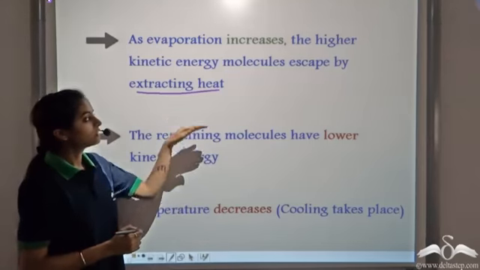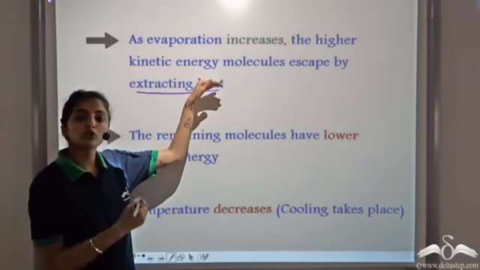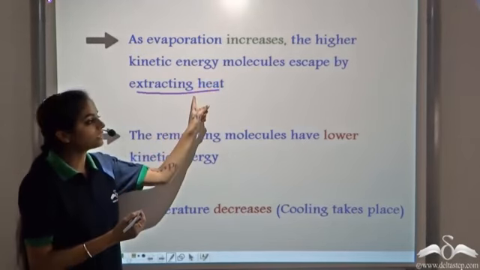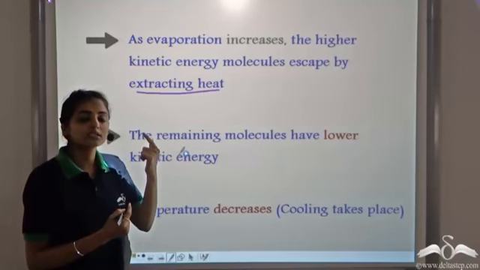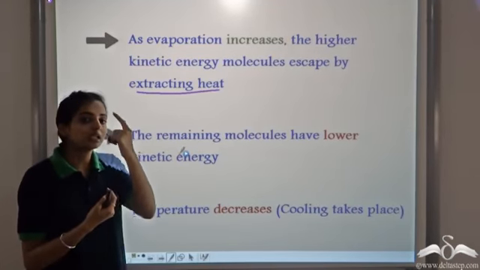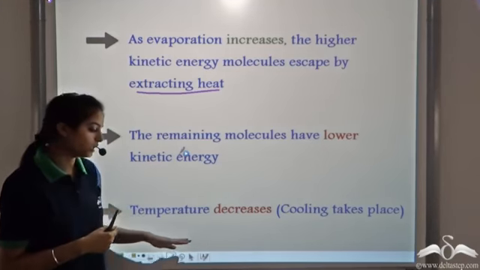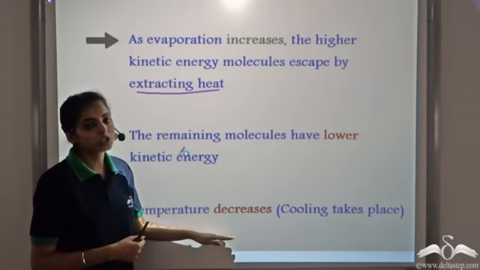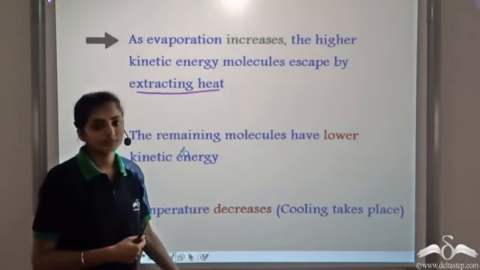So as the higher kinetic energy molecules escape by extracting heat from the surroundings and from your body, the remaining surface that is left behind is cooler. That is why evaporation or sweating causes cooling.